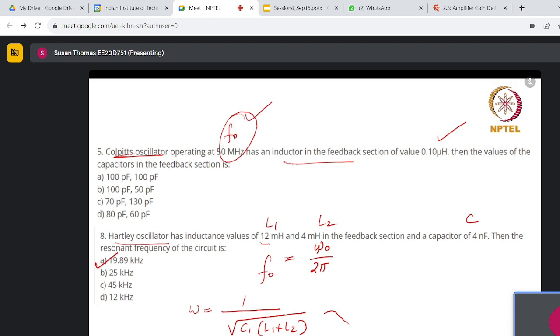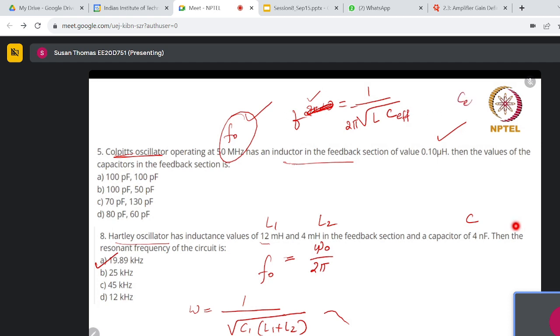So the idea is very simple. I'll just write quickly. You know that omega resonance is 1 by root LC. So this C is nothing but effective C of C1 and C2. You know the value of omega or F. Let me write it as 2 pi F. So F is 1 by 2 pi root L C effective. L is known to you, F is known to you.